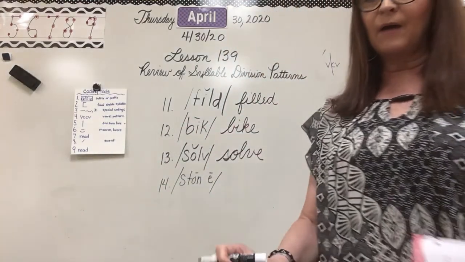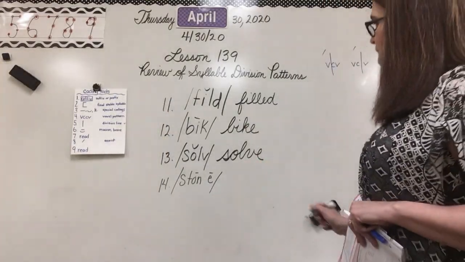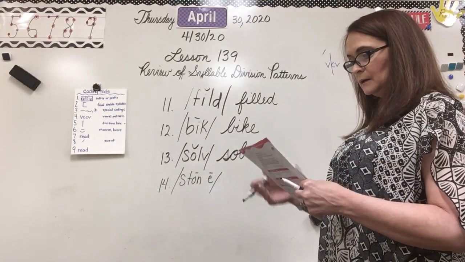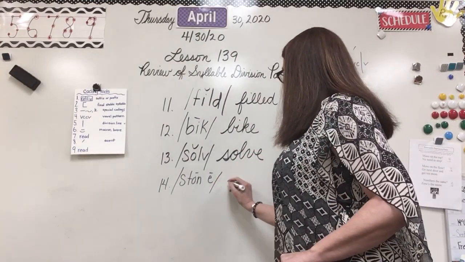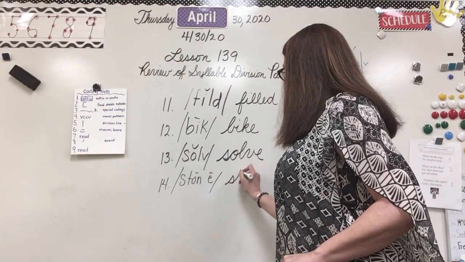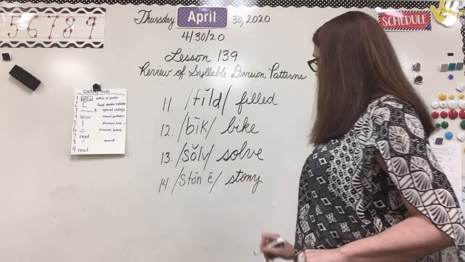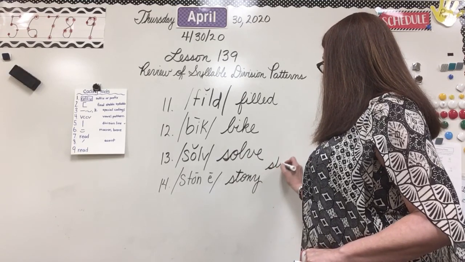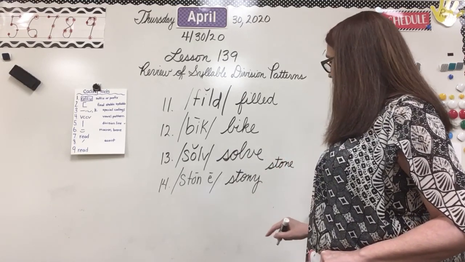How do I spell that word? Asia? Stony. Stony. It was stony ground. Okay. S-T-O-N-Y. Very good. We dropped the E in the root word when we added vowel Y. Stony.